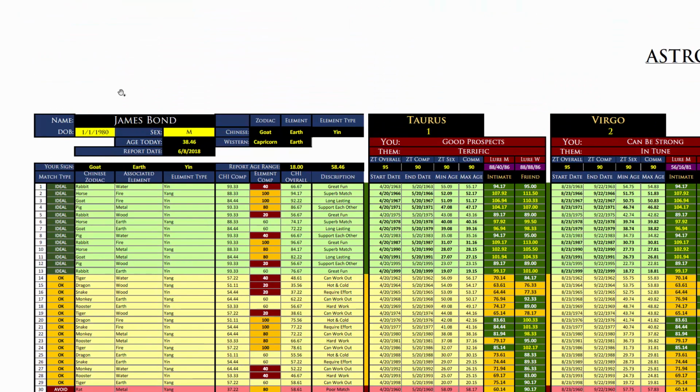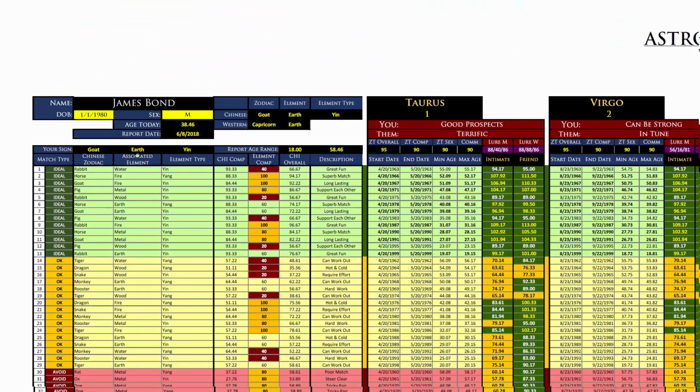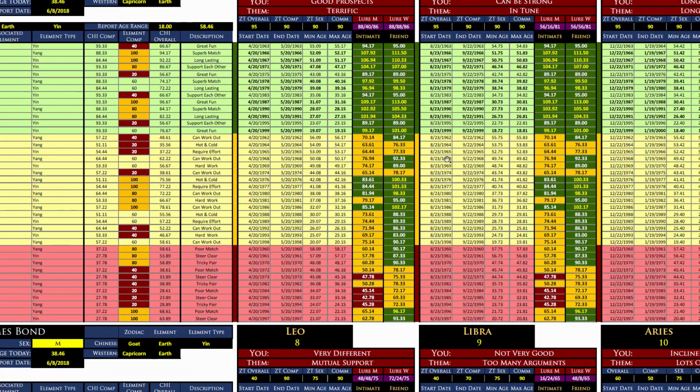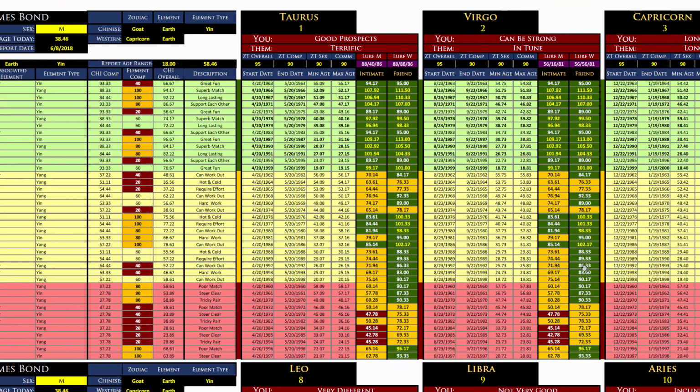You make the report for you with your date of birth, and then you look for the date of birth of your friend, relative, acquaintance, or the person you want to consider dating. And let's say you don't know their date of birth, but you can find out through casual conversation that they're a Taurus or a Virgo or a Capricorn, and you know more or less how old they are.